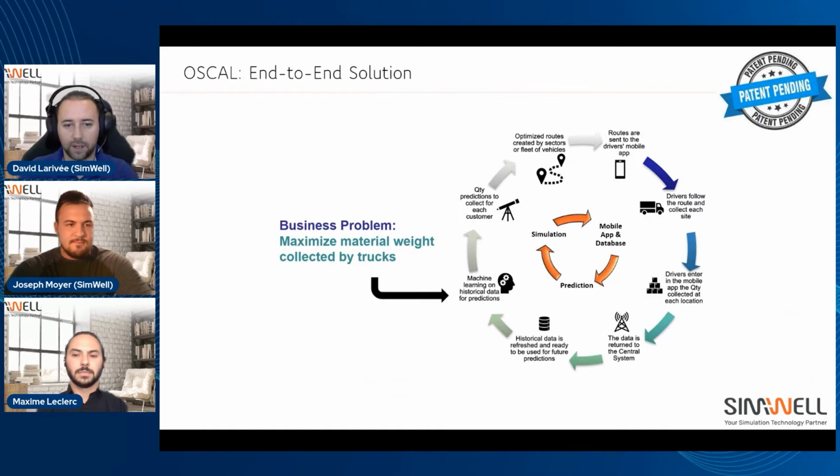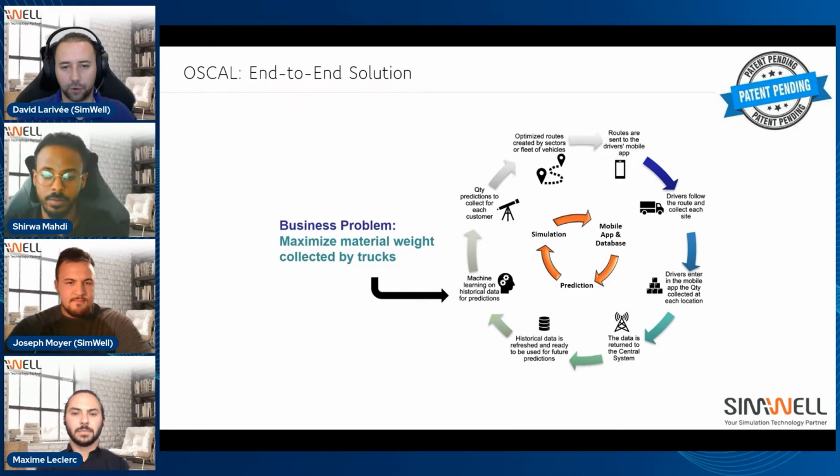Thank you. So as we saw, we've created this end-to-end solution, and everything started with the historical data. We had quite a few CSV files, and we've used a pipeline in Azure to get this data into the database we've created. Having this information in hand, we were able to do some predictions and get the generation rate of each of those customers.